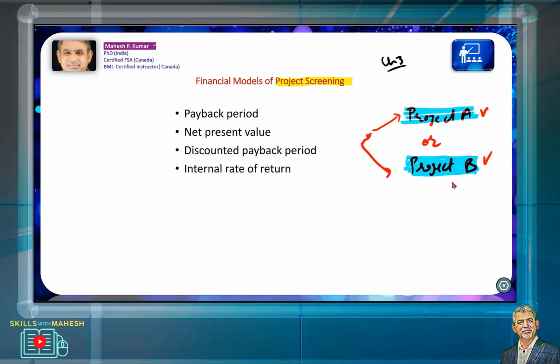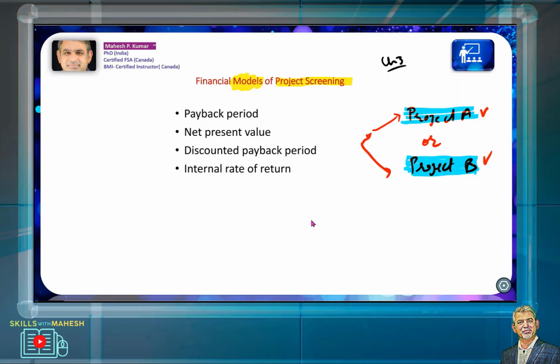So now we are talking of those methods today, or those models, financial models, which are mathematical models, which are used to find the winner project out of the various options available, right? And let us do these methods one by one.